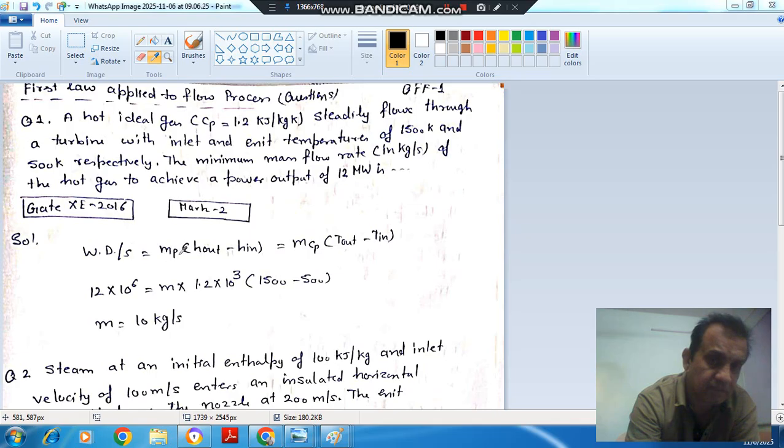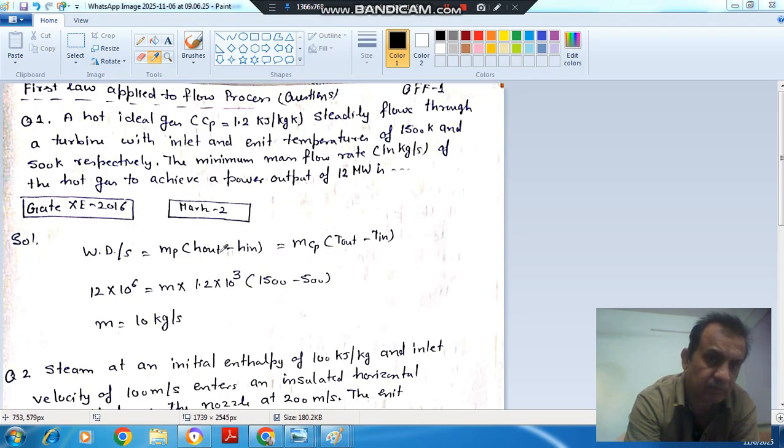So if m is the mass flow rate, and here mass flow rate we have to find out, then the work done per second is m times (h out minus h in), and this h out minus h in is Cp T out minus Cp T in.